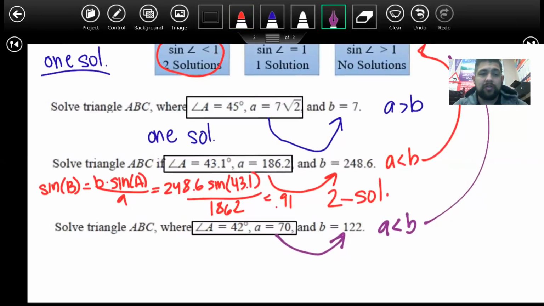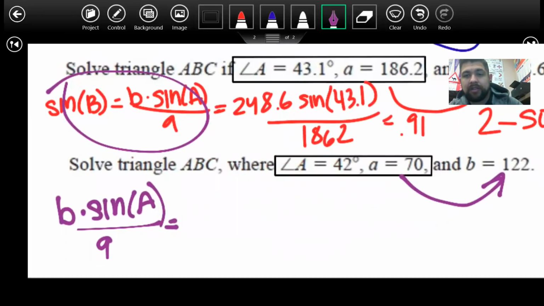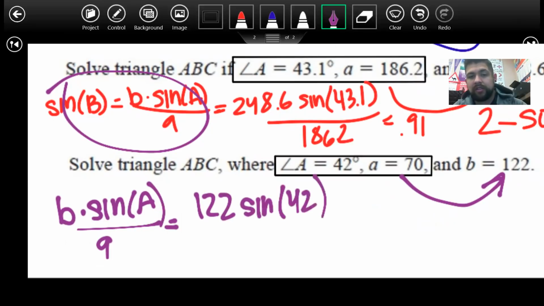So again, we have to use this law of sines in order to help us out. We're going to use B times sine of A all over A. So we're going to get B, which is 122, sine of 42 over 70 for the other side.